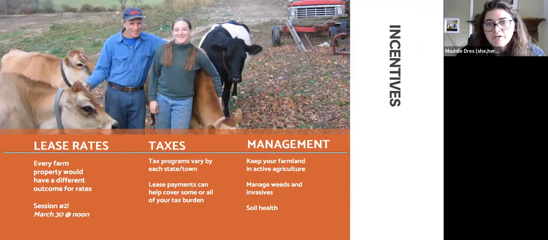If you're worried about the soil health on your property, you can make sure they're farming organically or at least sustainably, so they're not damaging your soil. Make sure you're finding someone who is going to further the goals that you have for your property. And sometimes you just have to be patient to find that right person.